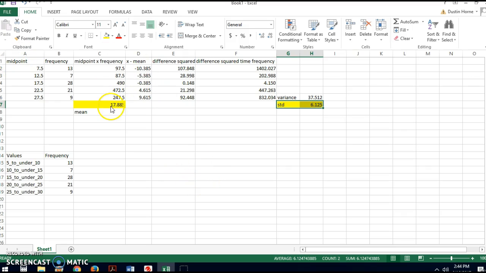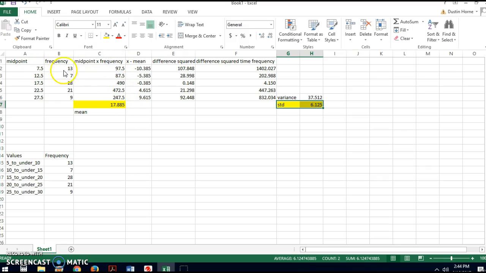Just make sure that you understand the steps. Anytime you have frequency data, you use your values to find a midpoint. Then you take the midpoint and times it by the frequency. This gives you these numbers right here to help you. You have to do this to get the mean.